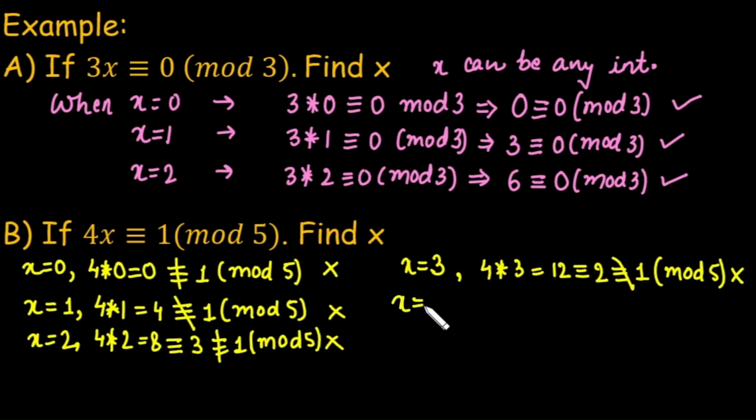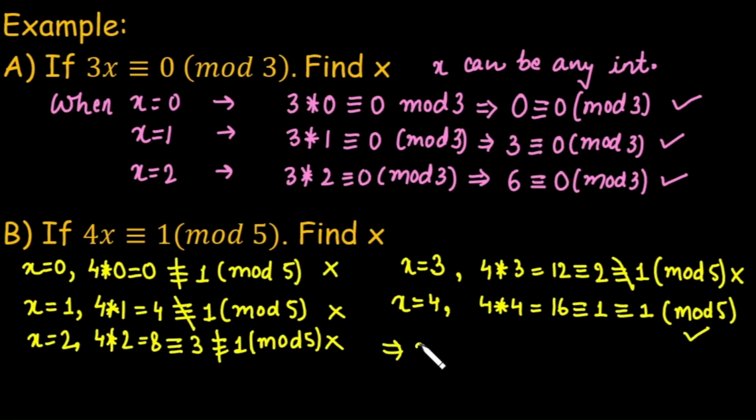When x is equal to 4, 4 times 4 is 16. 16 divided by 5 has remainder 1. So 1 is congruent to 1 mod 5, as we need 1 here. So that applies in this case, and we can say that x equal to 4 is the solution of the linear congruence.